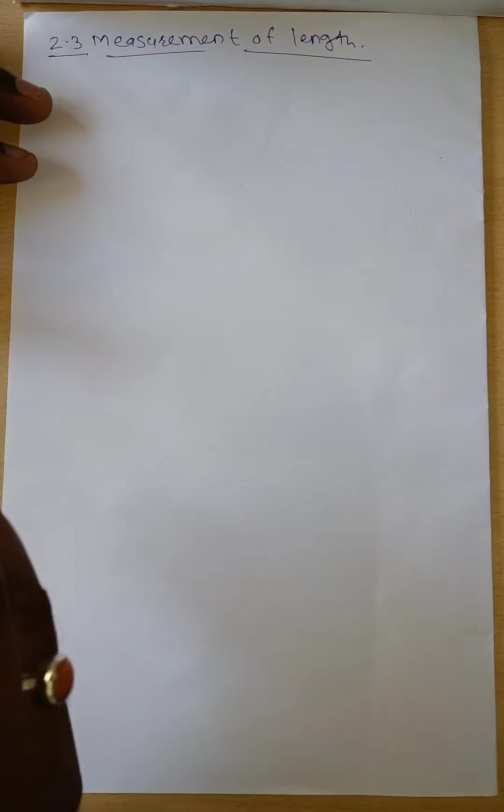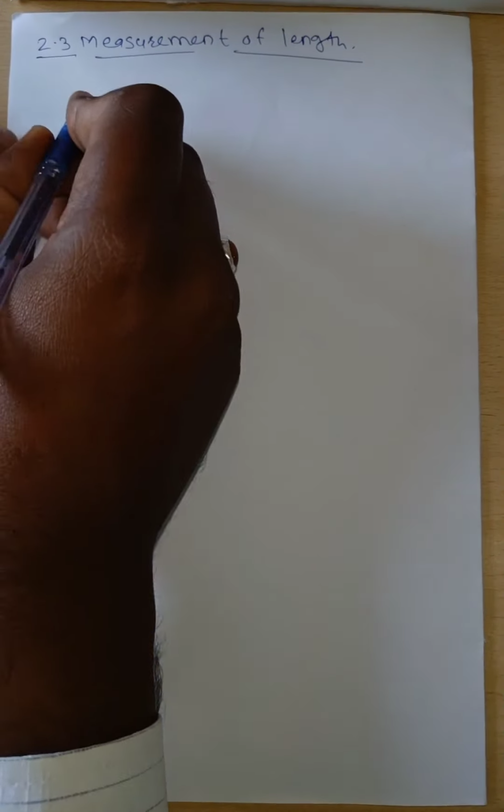For that purpose, there are some indirect methods to measure the distance or length of some object, or the distance from one object to another object. One of the indirect methods to measure large distances is known as the parallax method.